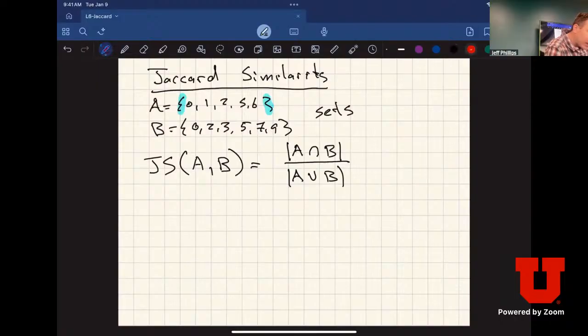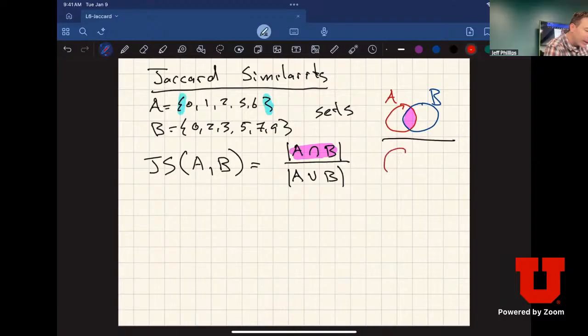I can think about having two sets. This is B, this is A, right? What is the intersection of the two sets? The intersection is this region up here. So that is the intersection of A and B. And then I'm going to divide this by the union of A and B.